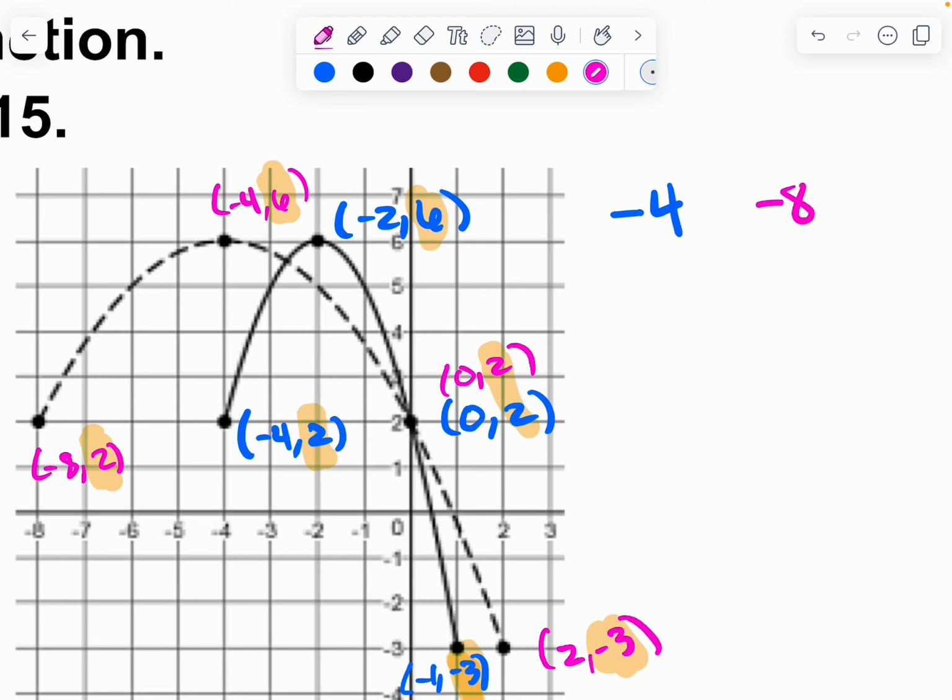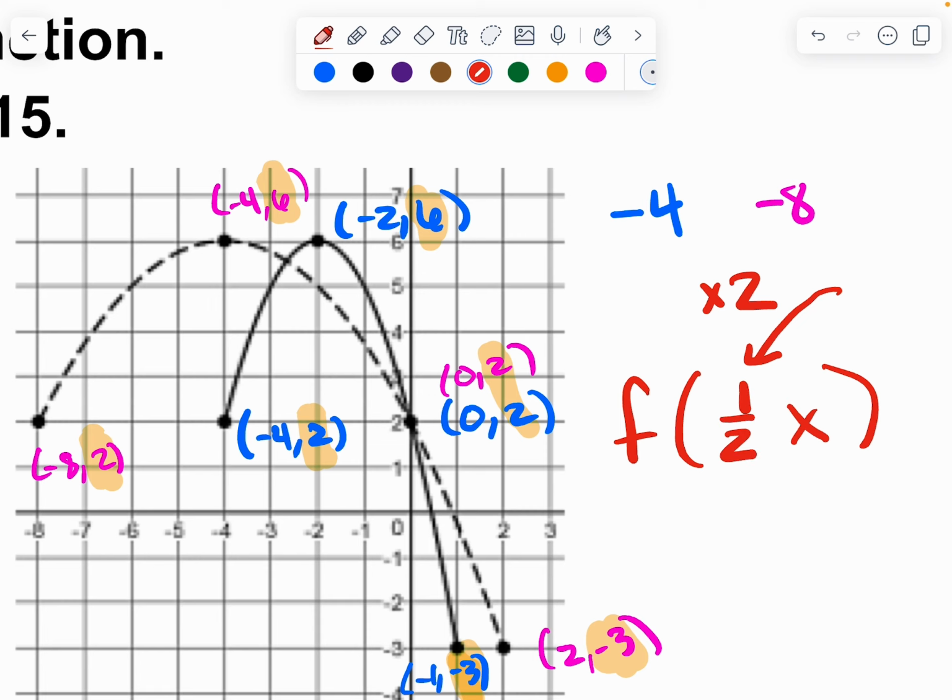So how did we go from -4 to -8? Well, didn't we multiply by 2? So that means I'm going to have a dilation, okay? But remember, whatever number is in here, it is the inverse of it. So what's the inverse of multiplying by 2? It's dividing by 2, or multiplying by the reciprocal.